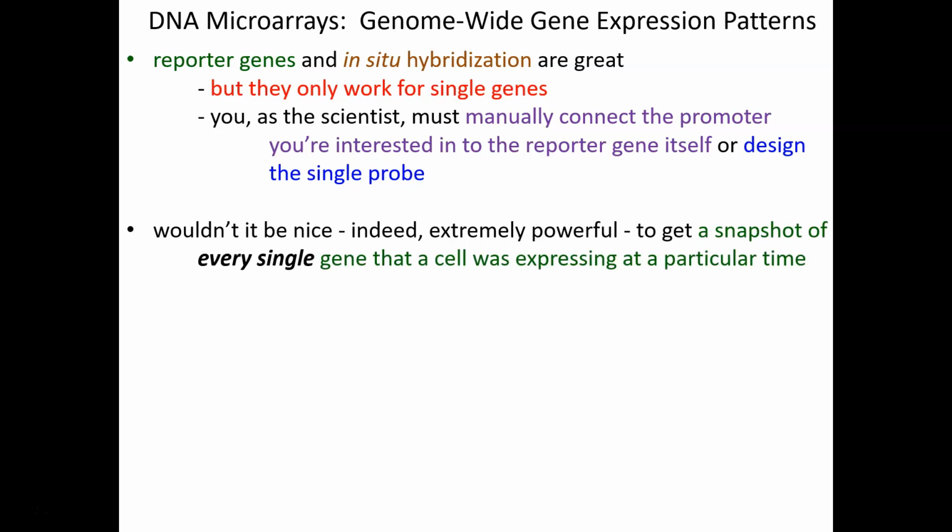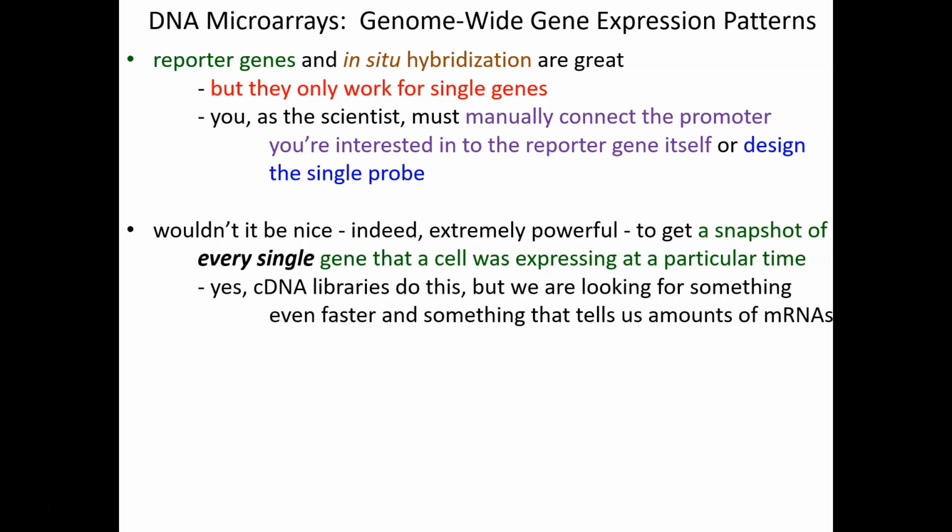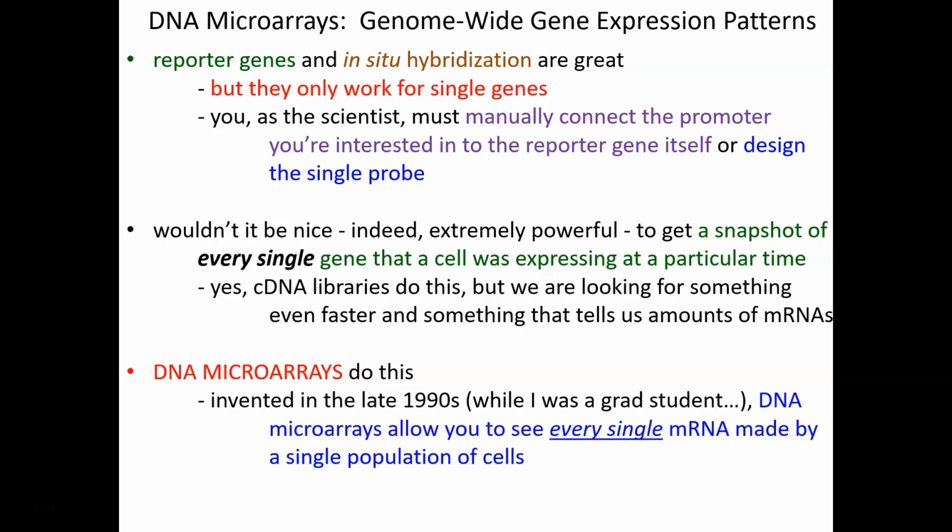It would be nice, indeed it would be very, very powerful, to get a snapshot of all the genes that are being expressed in a cell at any particular time and comparing that to all of the genes expressed by the same cell under different conditions. We can do this with a specific mRNA library called a cDNA library, but it's not really easy, for one, and it's certainly not fast. Microarrays allow us to answer this genome-wide expression pattern question very, very quickly and very effectively.